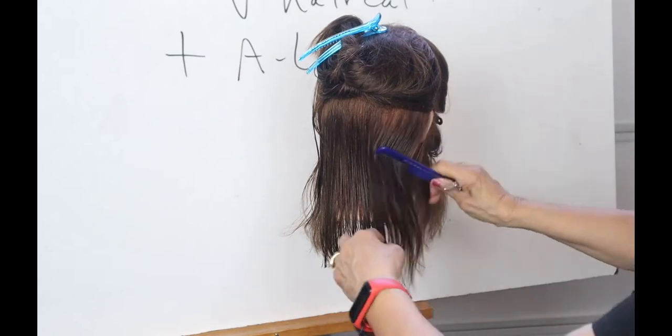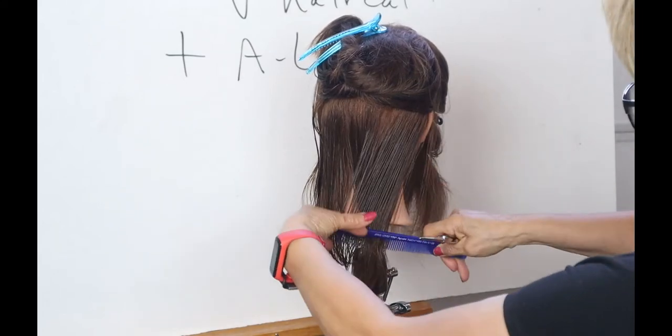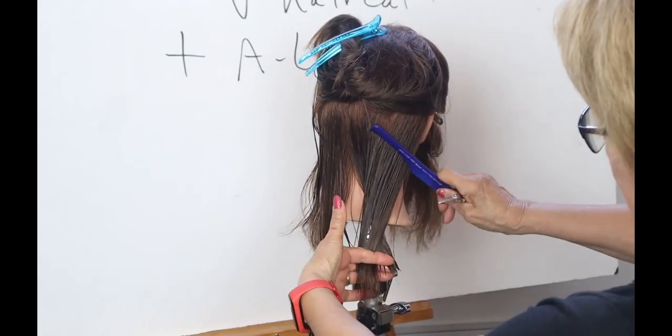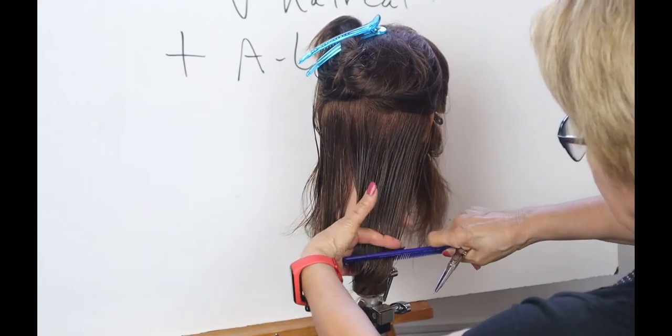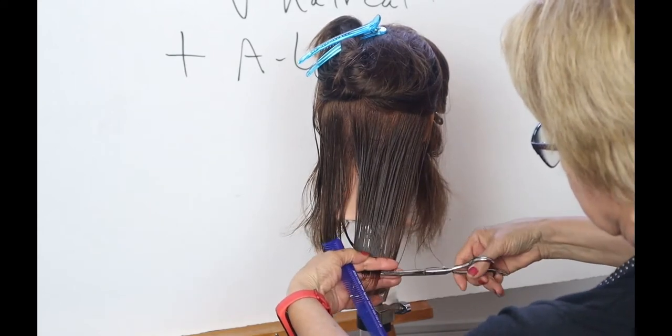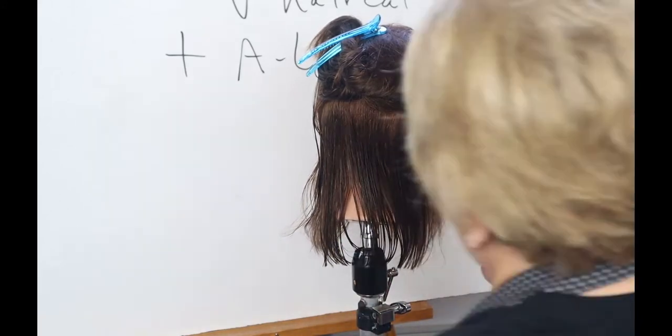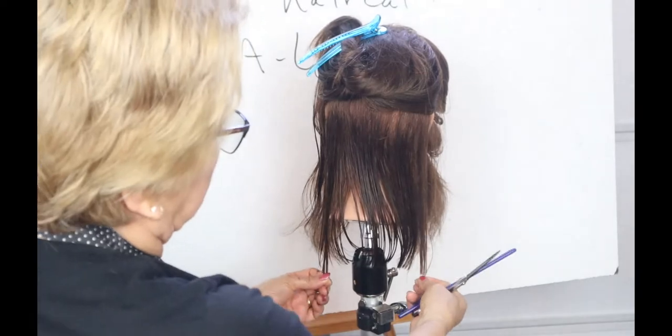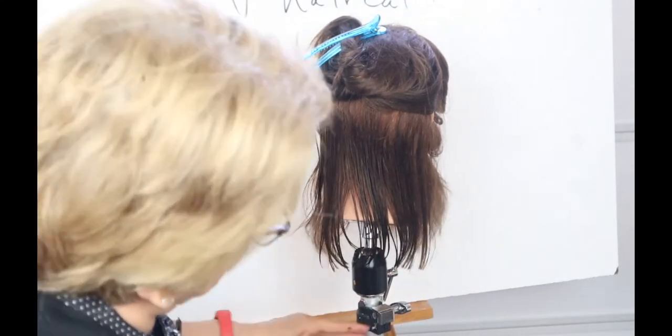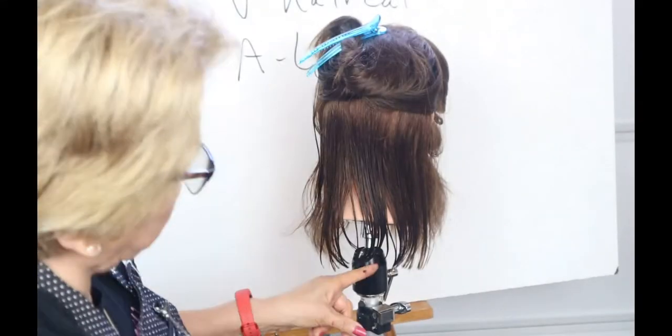Now you'll start seeing, as we do this, now this time I'm cutting towards the center, not away from it, but this hair traveled. So now you can see that it's longer on the sides, slightly shorter at the center, slightly rounded.